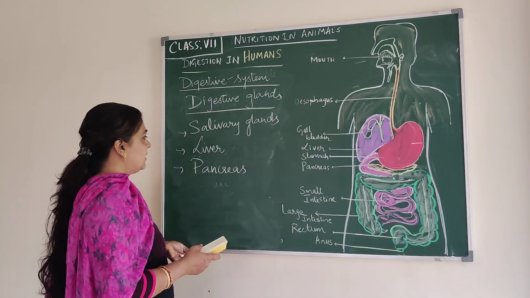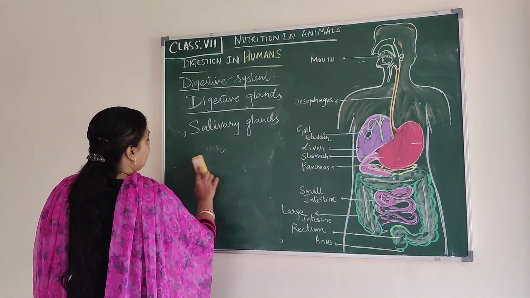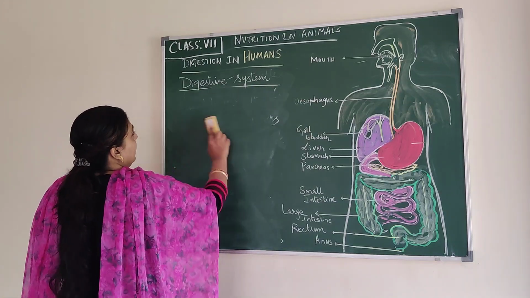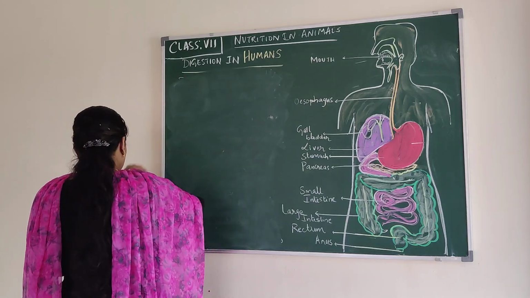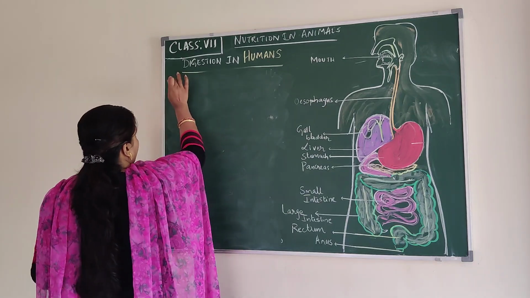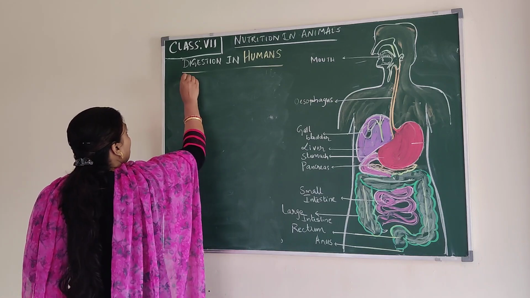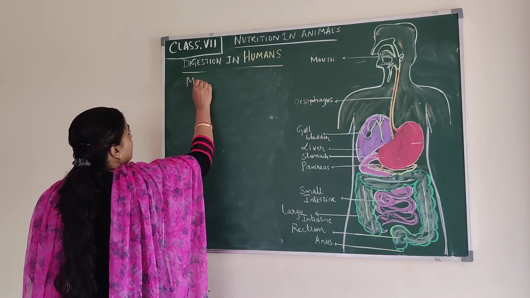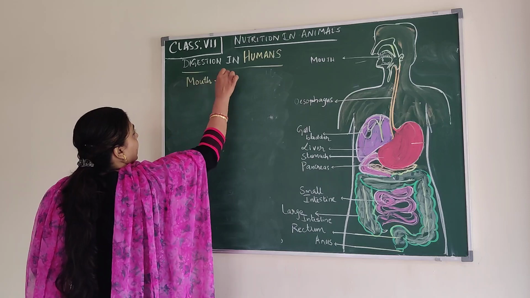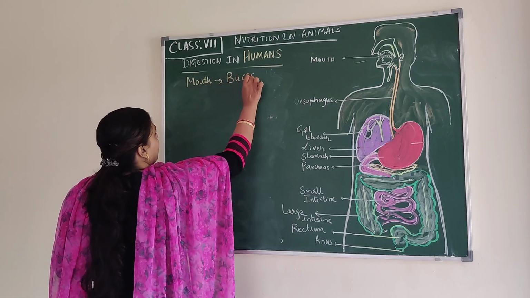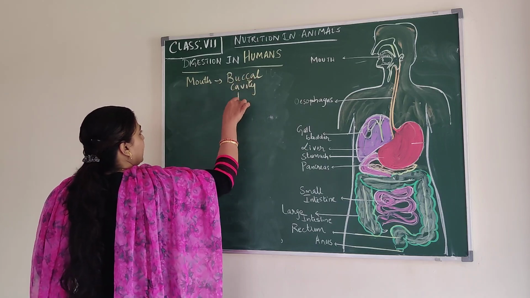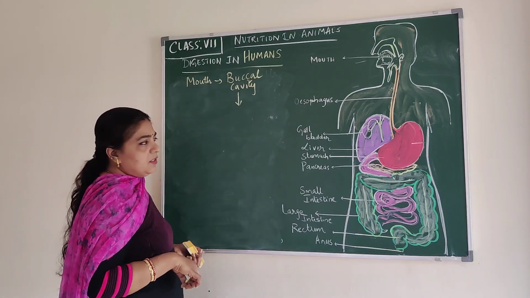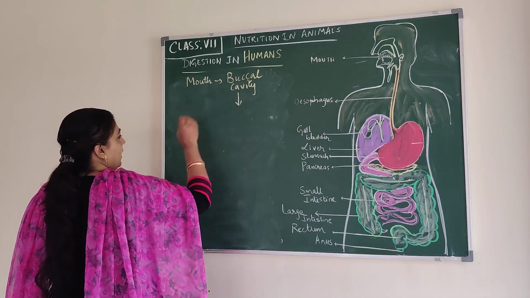Let us see what happens to the food in our alimentary canal, how the food is digested. We know the mouth leads to the buccal cavity. What does this buccal cavity contain?